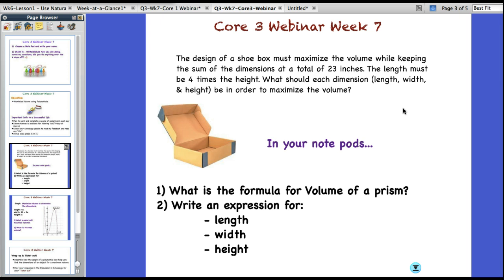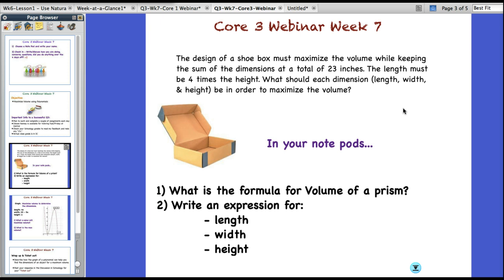So, our goal, our objective, is to maximize the volume of this shoebox. We're designing a shoebox to get the maximum volume possible based on some constraints. If we take the length, times the width, times the height, multiplying it all together, that's how you get volume. But if you add up those dimensions, you will get a total of 23 inches.